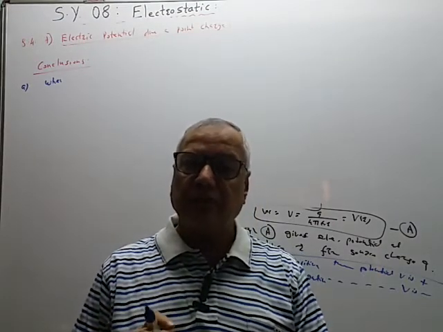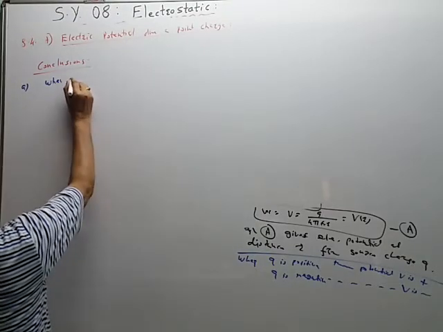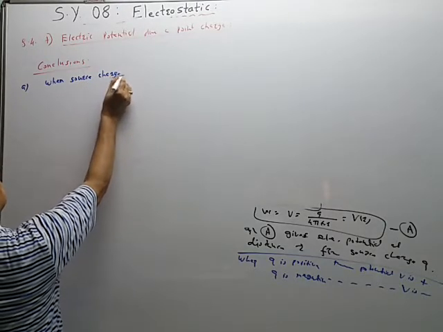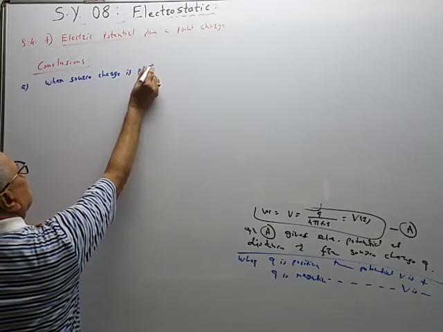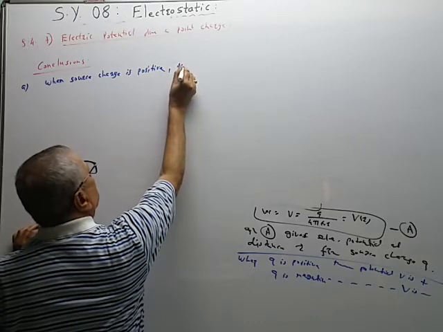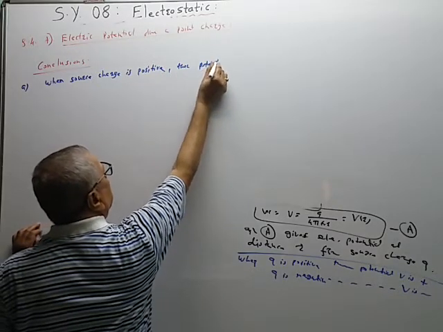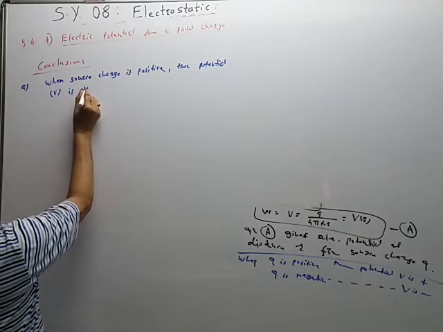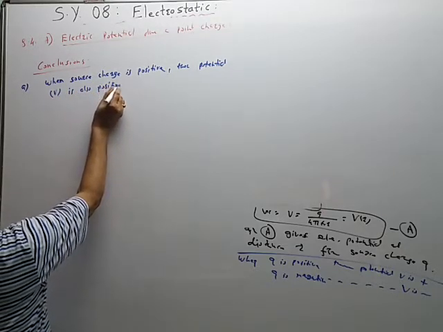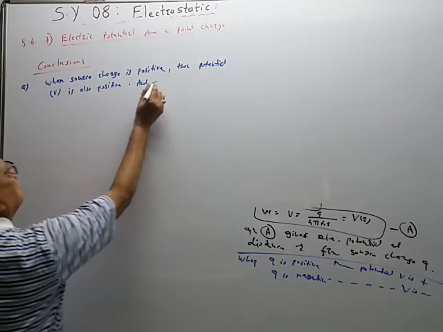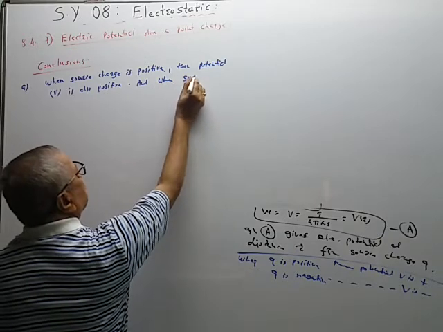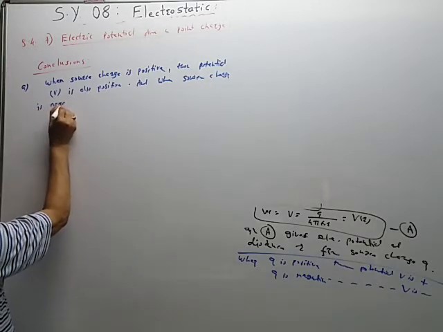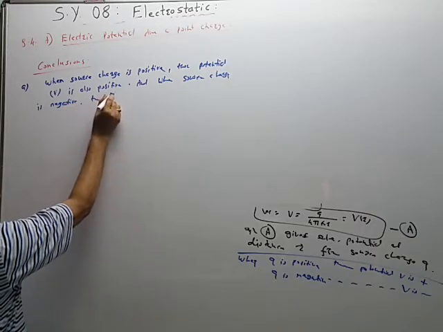So if the source charge is positive, then potential V is also positive, and when source charge is negative, the potential is also negative.